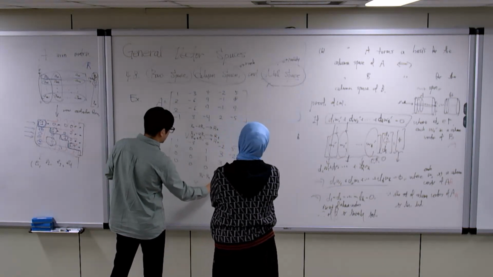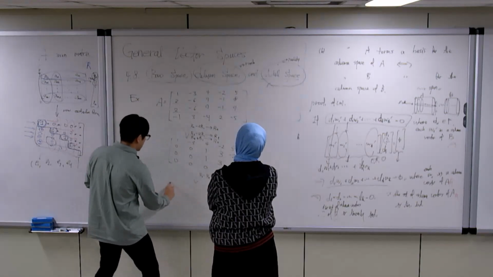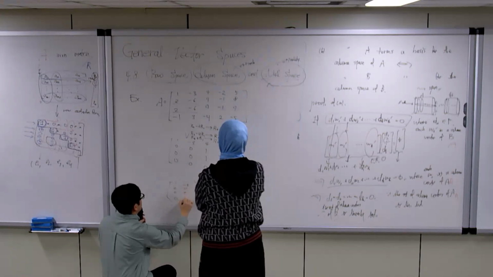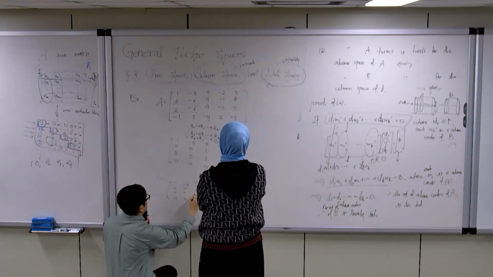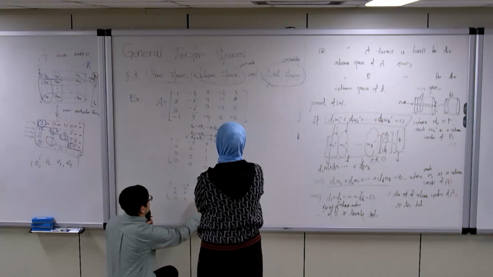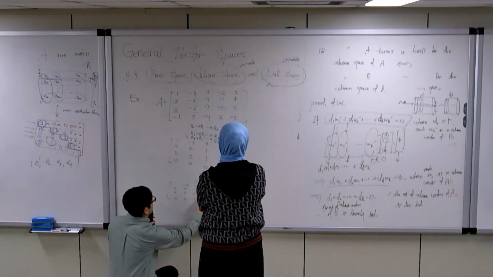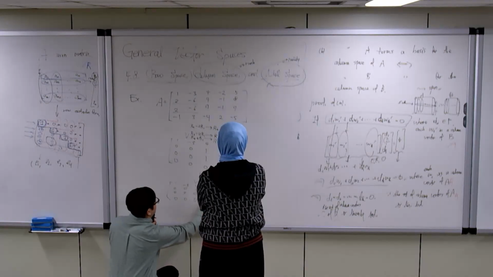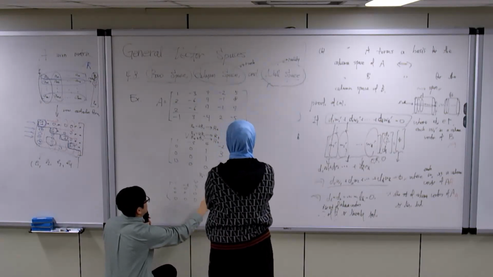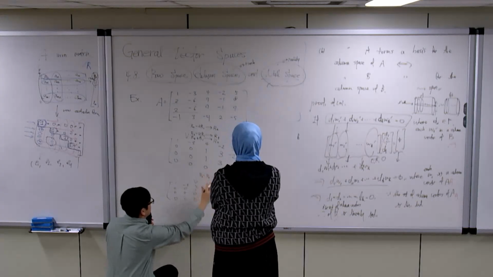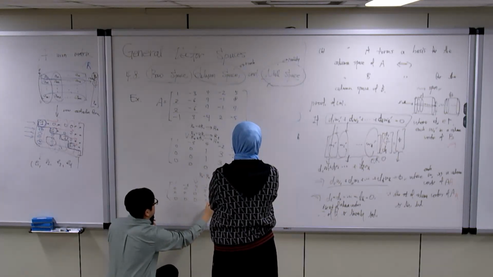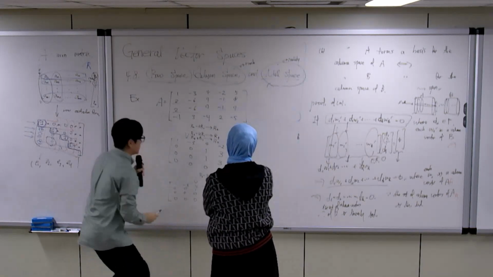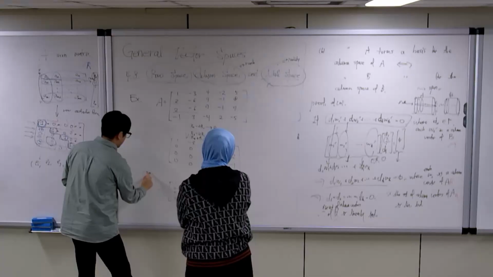It will give a matrix minus 3, 0, 0, 0, minus 4, 1, 0, 0, minus 2, 3, 0, 0, 5, minus 2, 1, subtracting 1, 0. It will give this row echelon form.